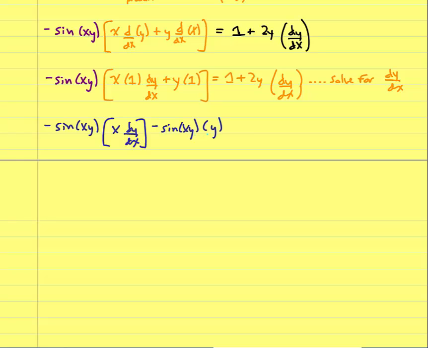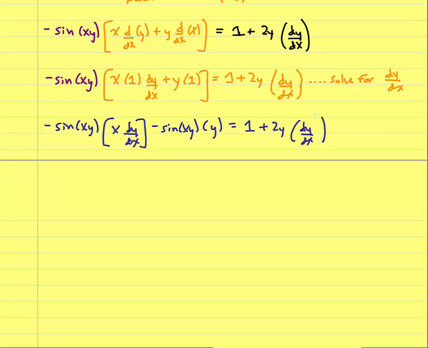Now again, you can see why it's so important that we put parentheses around the arguments of our trig function. I don't take xy times y. This is the negative sine of xy times y. Okay, so the y I can pop out front here in a minute. So I distributed through the negative sine(xy), and this is equal to 1 plus 2y dy/dx.